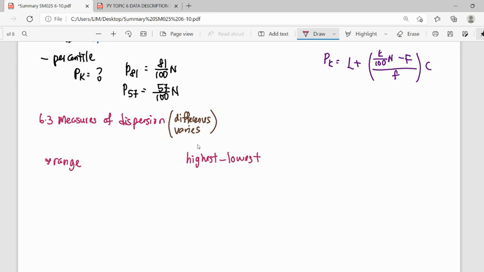For grouped data, it won't have the highest value and lowest value, so it will be the highest midpoint minus your lowest midpoint. So this is your difference between your data.